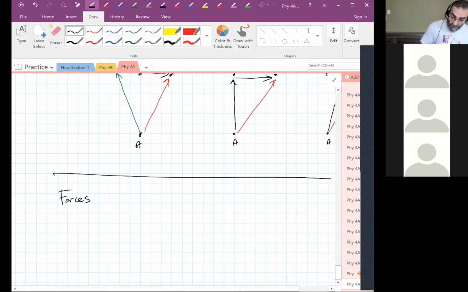So let's take a look at this situation. Got a big crate sitting there at rest, and we've got person A over here pushing on it.